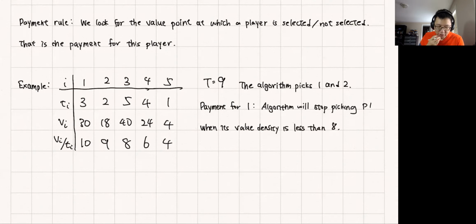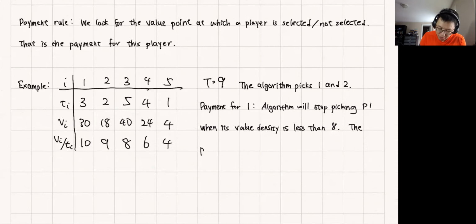If it goes down to something below 8, that is when the algorithm will stop picking 1. That means the inflection point, the point where it differs, is when player 1 has value density 8.